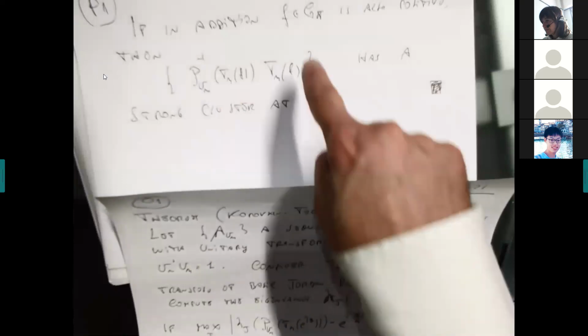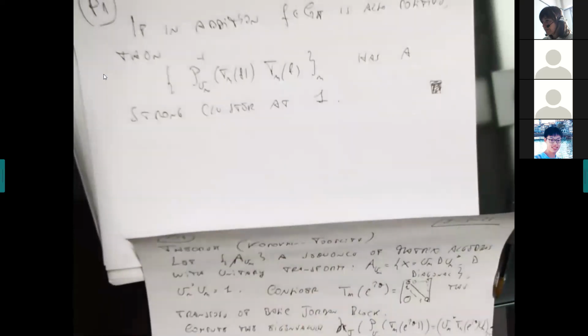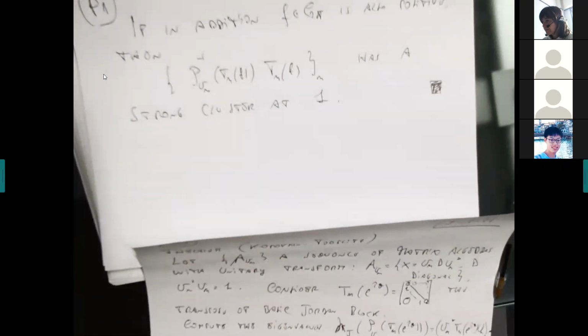And in addition, thanks to this strong cluster at 1, the preconditioned conjugate gradient in this specific case needs only a constant number of iterations. So a constant number times n log n tells you that we have an iterative solver within n log n arithmetic operations, which was the question by Benjamin at a certain point.